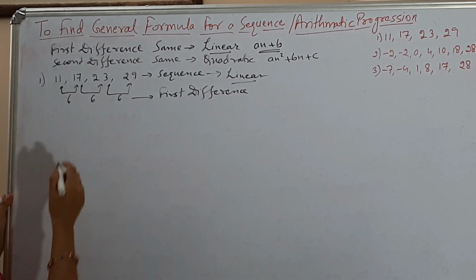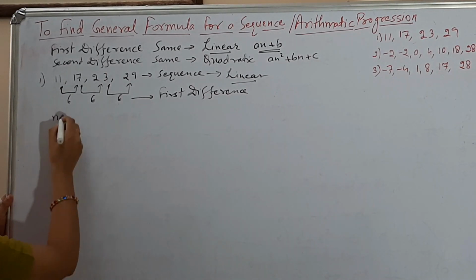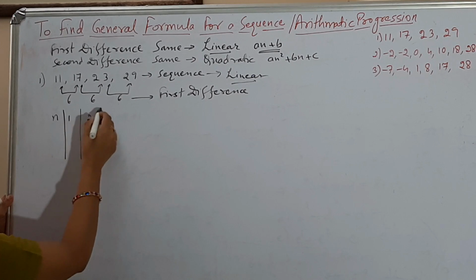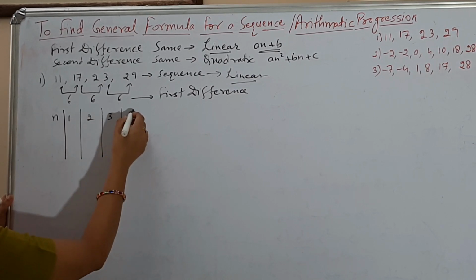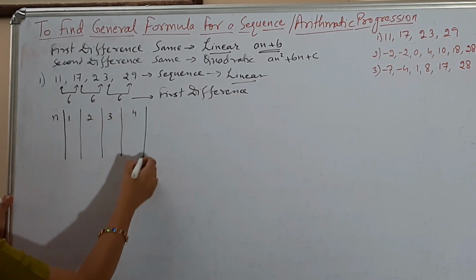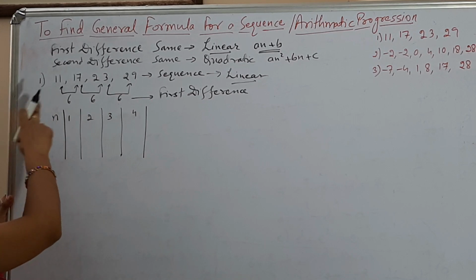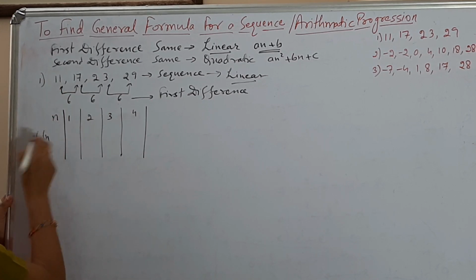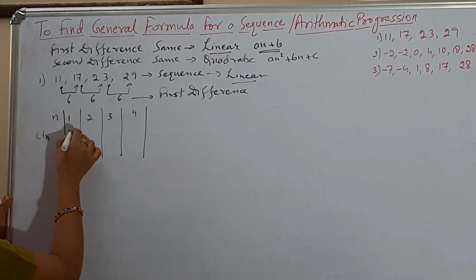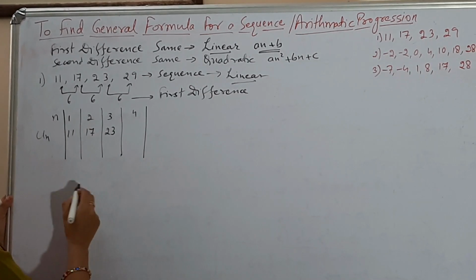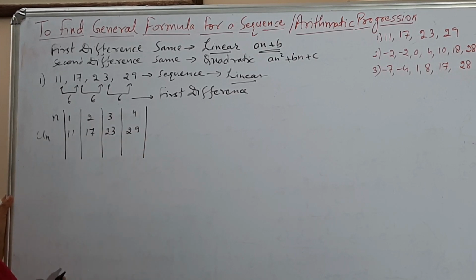Now let's make the table. I will write n here, and since I have 4 terms, 1, 2, 3, 4, let's make 4 columns. Now I will give the symbol un for the terms. So my un, for n equal to 1, is 11, then 17, the third one is 23, the fourth one is 29.